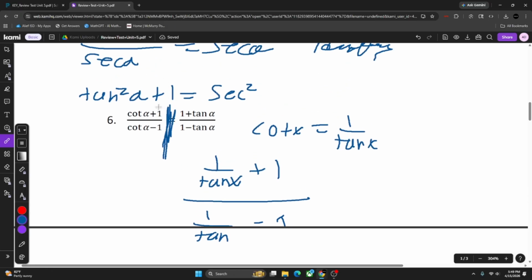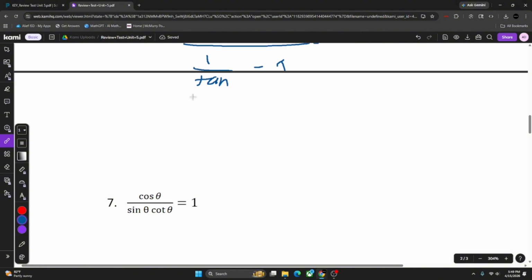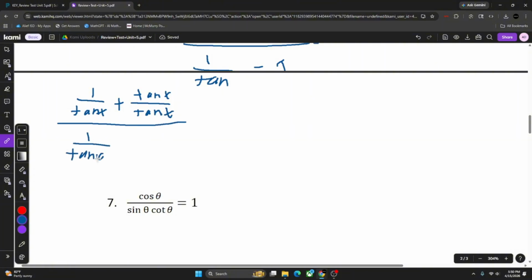And then you see 1 right here. That 1 is actually equal to tangent over tangent. So you just replace the whole thing with tangents everywhere. The full equation I write down here is 1 over tangent plus tangent over tangent, and then divide that by 1 over tangent minus tangent over tangent.